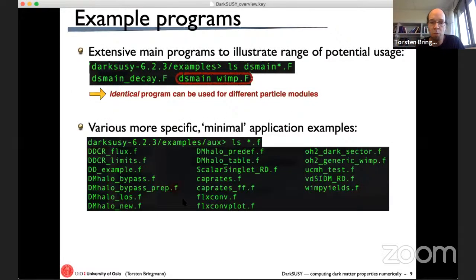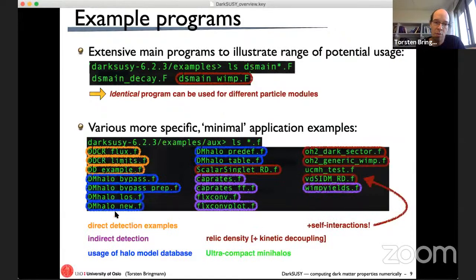And then we have also various more specific programs that are more minimal applications that address various ways of using the direct detection routines, indirect detection routines, how to use the database of halo models, or relic density calculations, but also self-interactions.